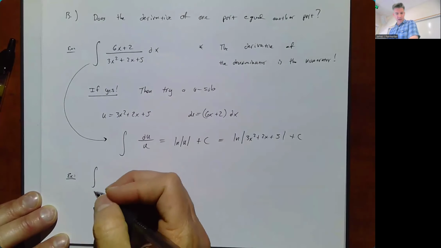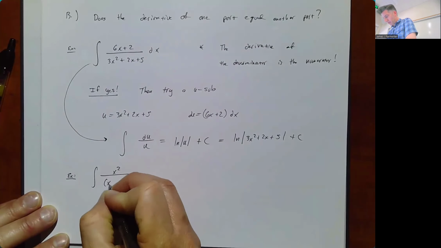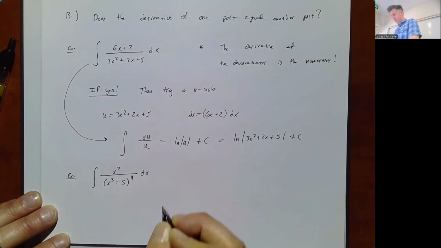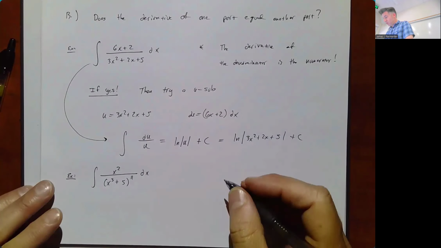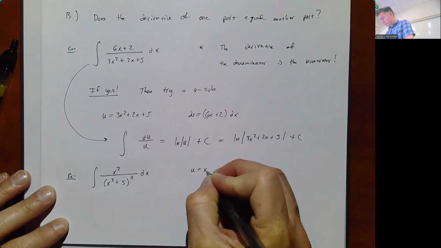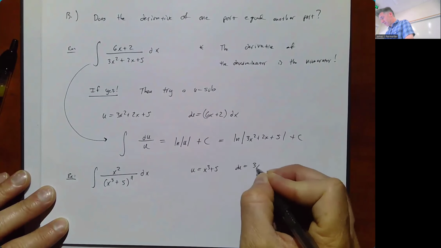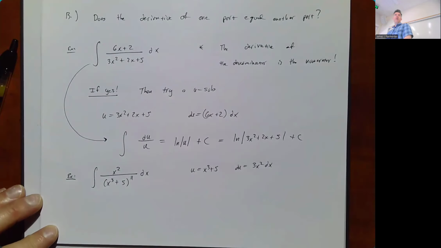If we have the integral of, say, x squared over x cubed plus 5 to the 11th power. Well, the answer to my question, does the derivative of one part equal another part? The answer is still close enough to yes. If I let u equal x cubed plus 5, du is equal to 3x squared dx, and being off by a multiple of 3 is close enough.